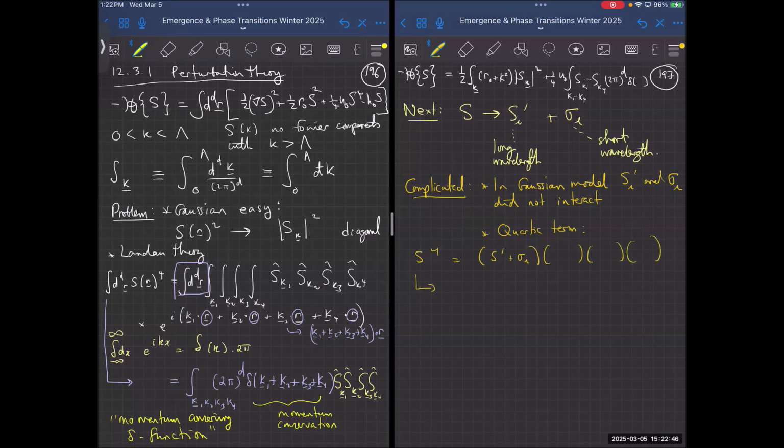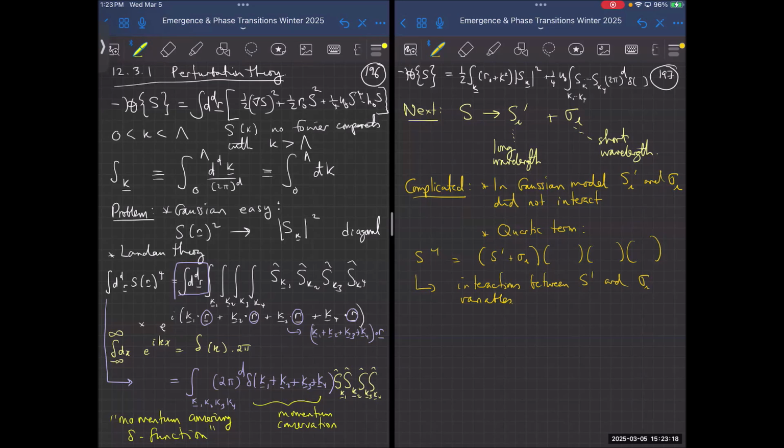What we're going to induce are interactions between the S prime variables and the sigma variables. So when we substitute that in, when we expand it out, instead of just saying we can just focus on the short wavelength variables and the long wavelength ones separately, just as a product, now there's going to be terms that couple the two things together.